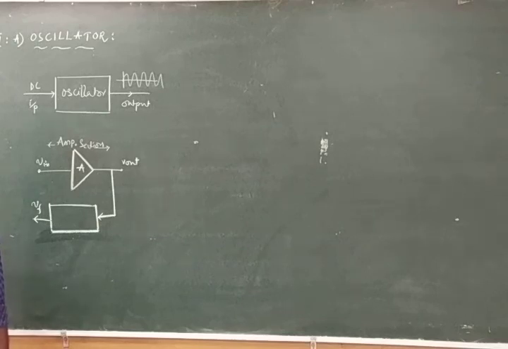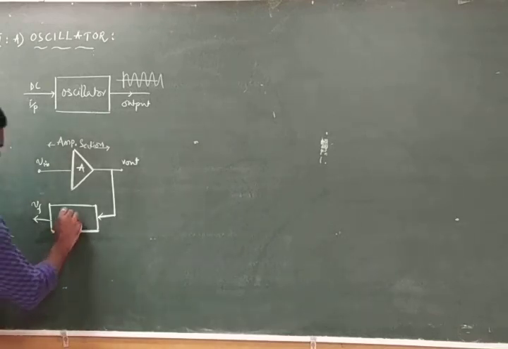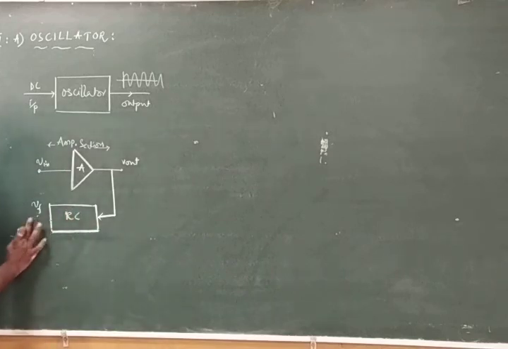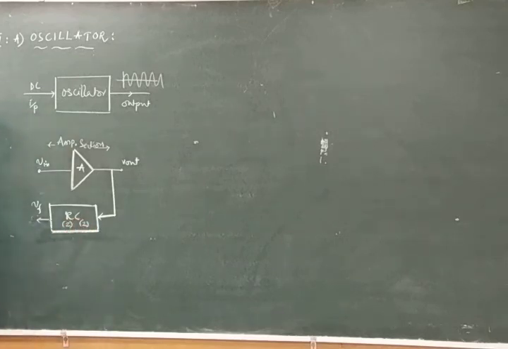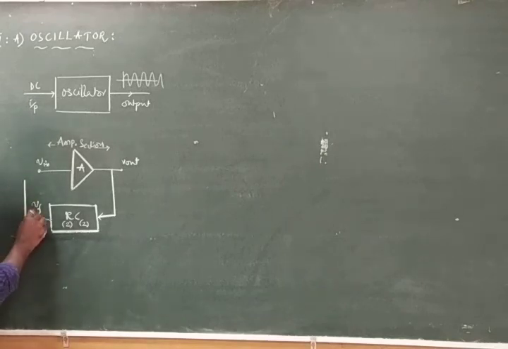One resistor and one capacitor are connected in parallel. One resistor, one capacitor are connected in series. So what components will we be using here? R and C components only. How many resistors are we using? 2. How many capacitors are we using? 2. And then Vf is in phase with which signal?